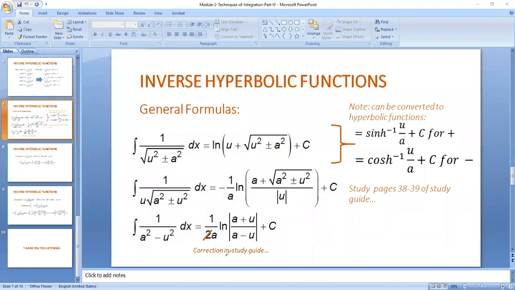Your calculator will not be able to process that. That is why the argument of the ln should, as much as possible, be positive. So that is why I place an absolute value here, meaning even if it's negative, you have to use its absolute value, or you have to negate its negative sign. That way, you can have a real acceptable value for the quantity that you are determining, which is your answer. So that's the purpose of the absolute value symbol for the ln.